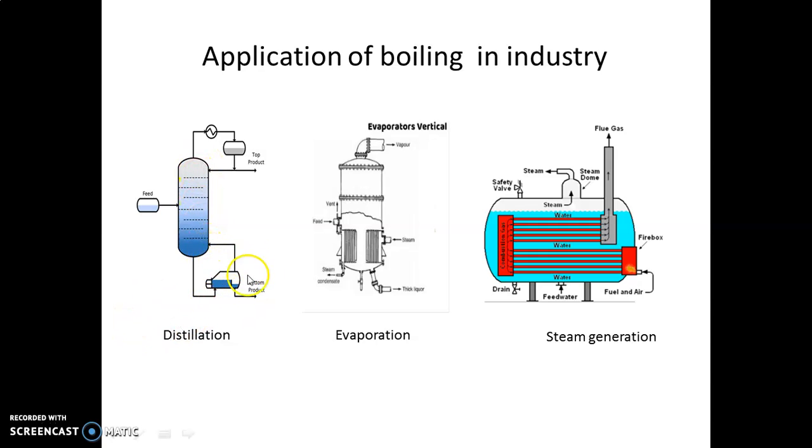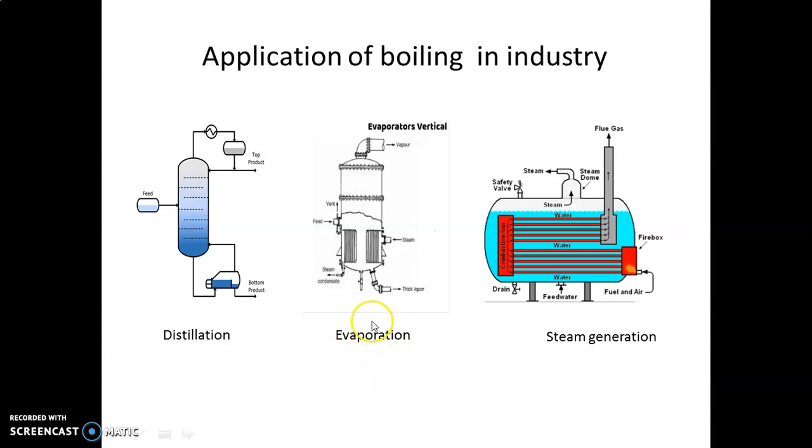This is called a reboiler. The less volatile component is heated here and the more volatile component is taken out from the condenser. Boiling is taking place in this heat exchanger, which is called a reboiler.